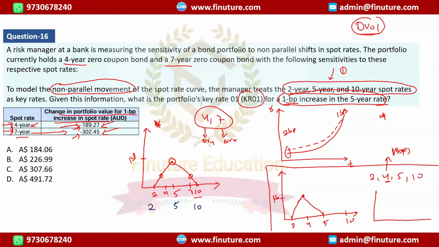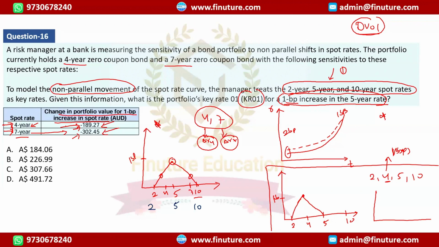So I'm saying if my rate change is not 1 basis point, if it is, say, 0.5 basis point, then I can just directly halve it to get my 4-year rate. What is my bond portfolio change from the 4-year rate change? Are we clear, Nilesh, on this? Basically, my entire argument now boils down to: what is my change at the 4-year rate and 7-year rate if my 5-year rate has changed by 1 basis point?